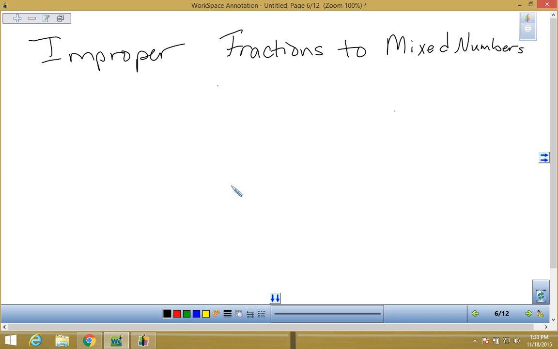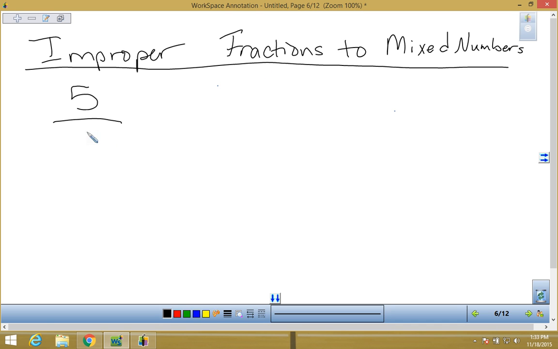Okay, so say that we start off with 5/3. And you're supposed to take this improper fraction and put it into a mixed number. Several people can look at this, they already know what to do, and they already have the answer in their head, okay? I want to show you what you're doing, all right?